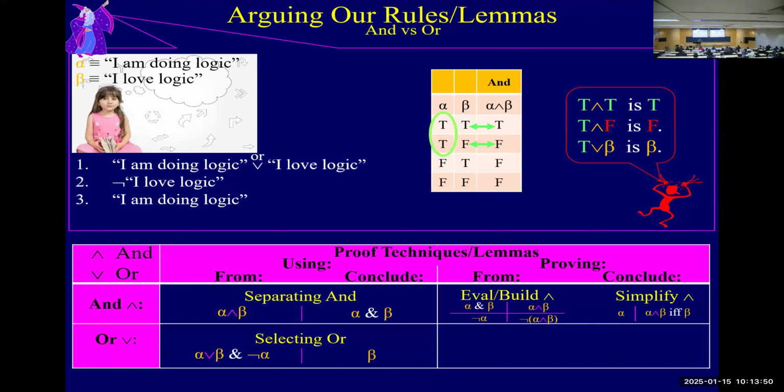So we did one of these before. In fact, I kind of slipped that slide in, forgetting that we hadn't done it yet, right? So this is just saying, if alpha is true, then when beta is true, the and is true. When beta is false, the and is false. So in some ways, we can simplify.